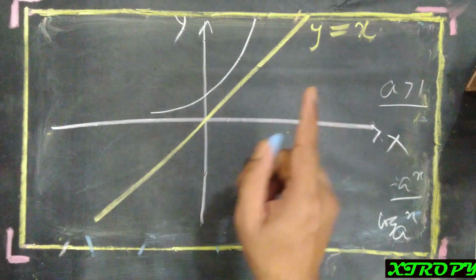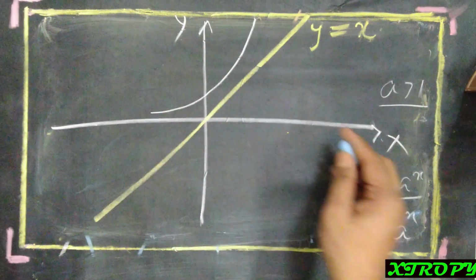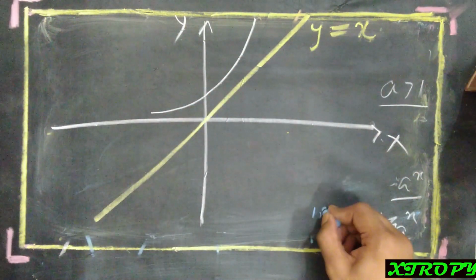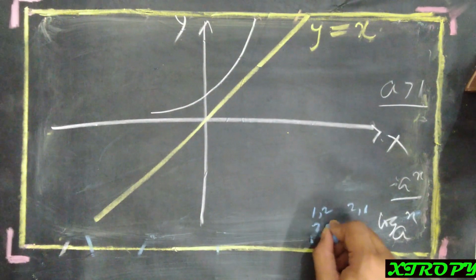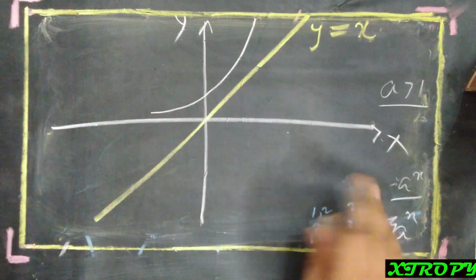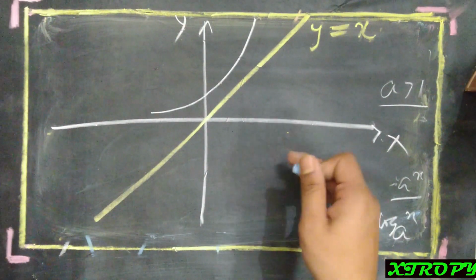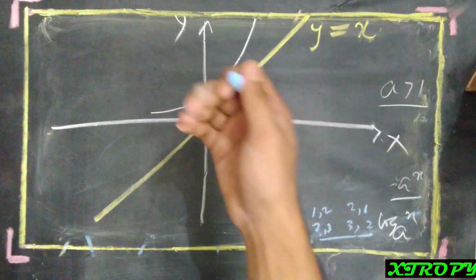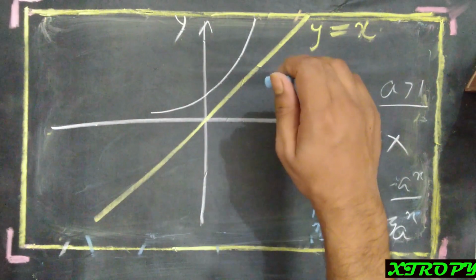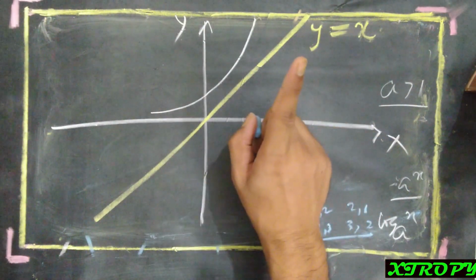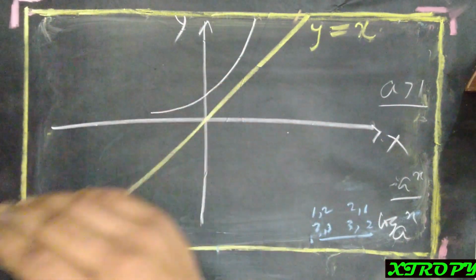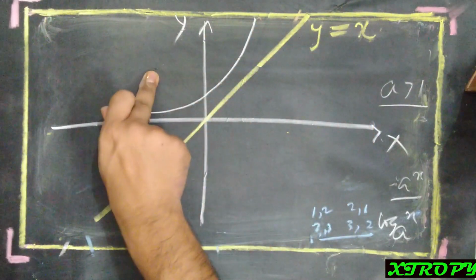I also gave you an example a few minutes ago of the points (1, 2), (2, 1), (2, 3), (3, 2). In this also the x and y were interchanged, and what result did we get? We saw that the points are mirror images of each other with respect to the line y equals x.